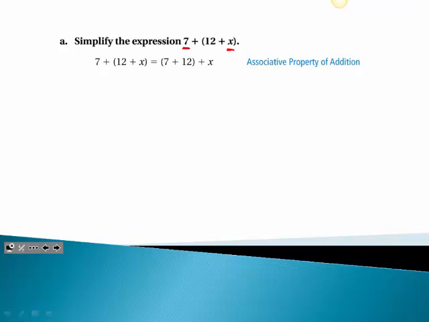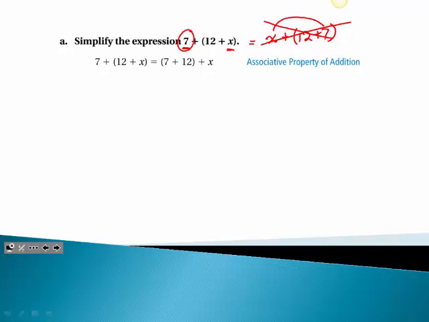So you can't take something out of parentheses and switch it with something that's already on the outside. So we cannot write x plus 12 plus 7. We could not switch those two. This does not work because you can only use the associative property to change parentheses.